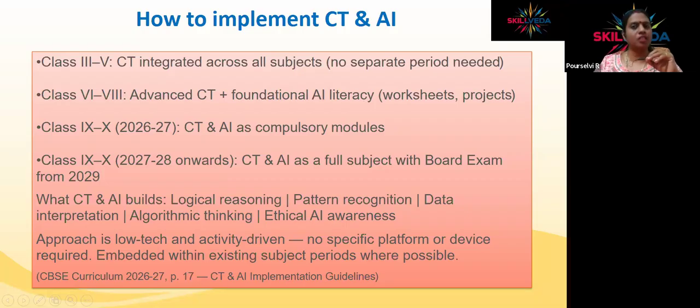As CBSE stated, this foundational literacy is only about the basics of AI: what is AI, what is the domain of AI, and what it actually does in each tool. So, basic awareness, ethical use of AI, how it could be integrated with other subjects, and its applications. To this level, 6 to 8 students will be learning, not merging it with programming or doing other projects.